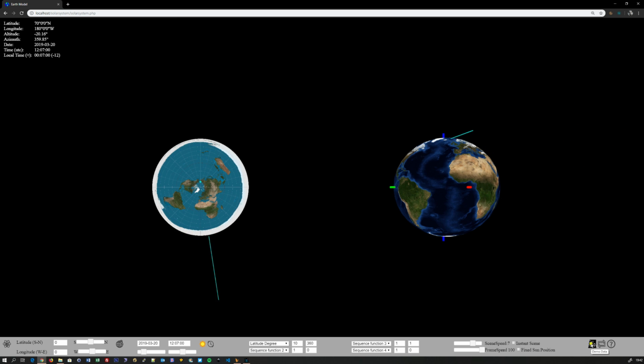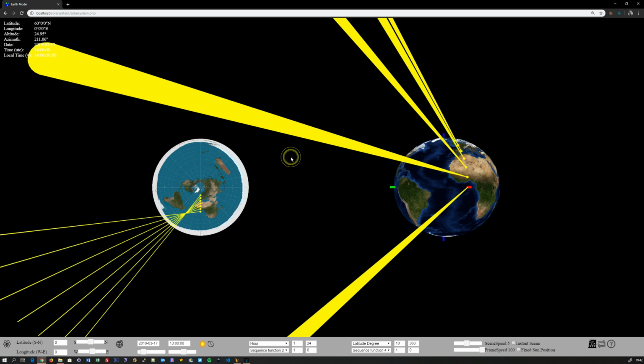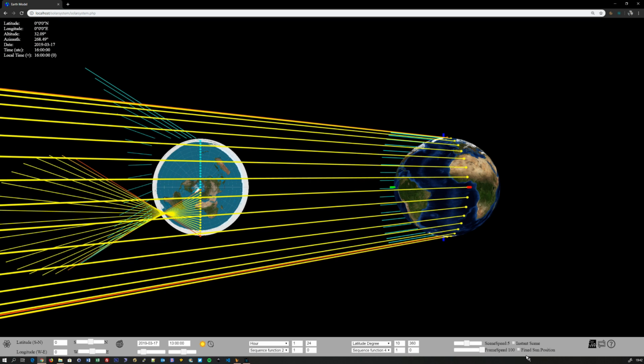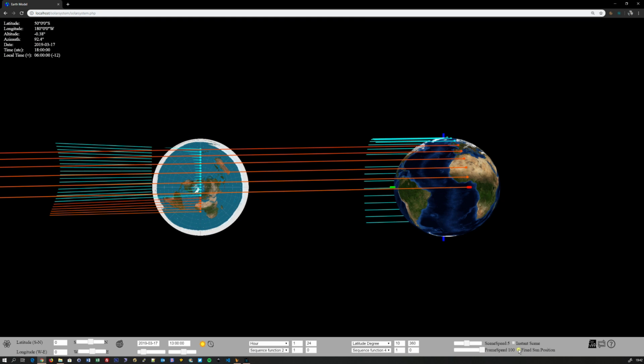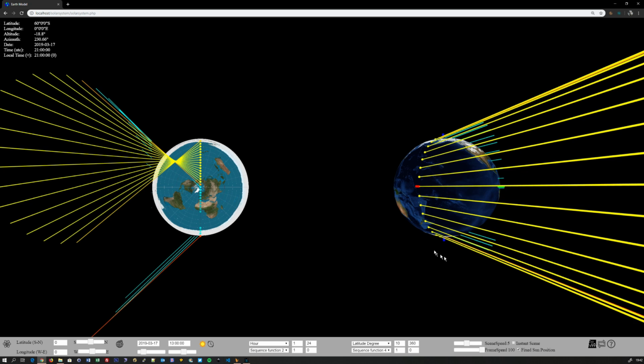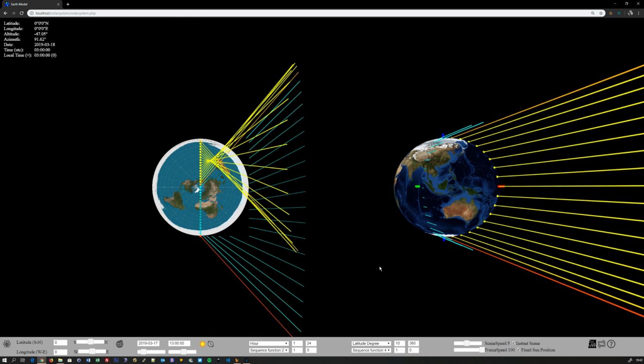Let's make it a bit more complicated. So let's put it on the prime meridian and put a fixed sun position, so the sun is always in the same direction, and a bit quicker.